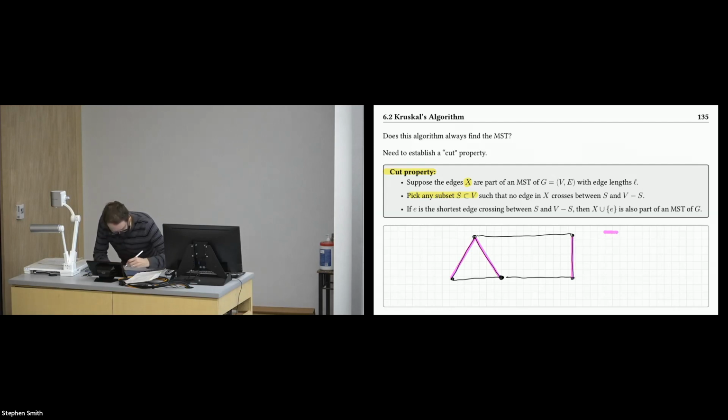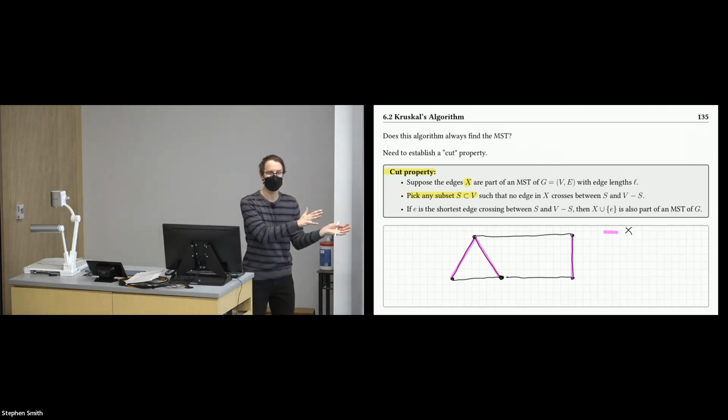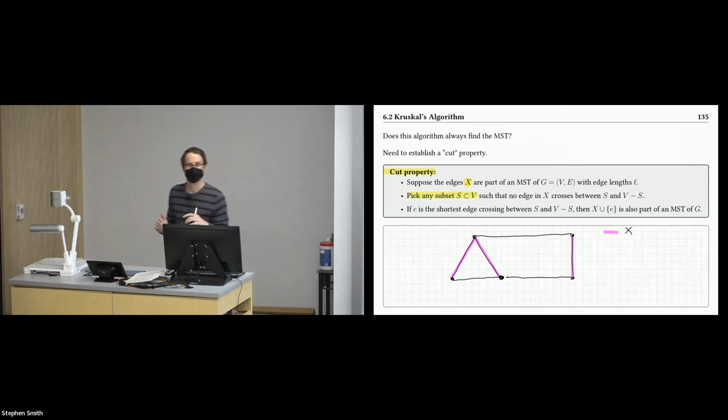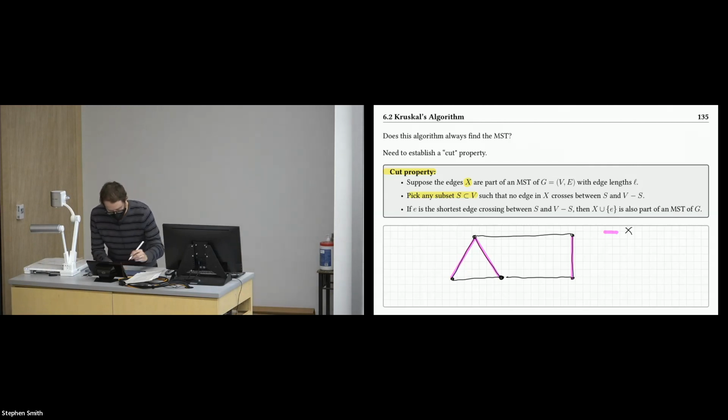So this right here is my X. Now, I want to define a set S such that there are no edges in my solution crossing from S to outside of S. So a candidate is this set here.